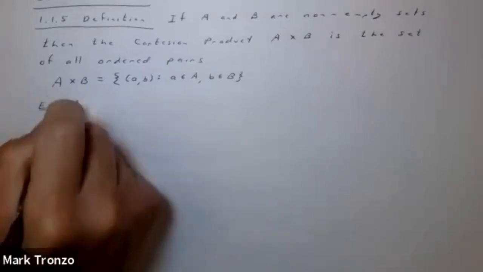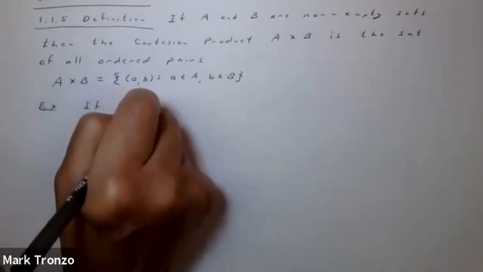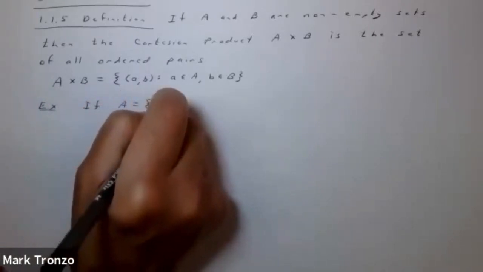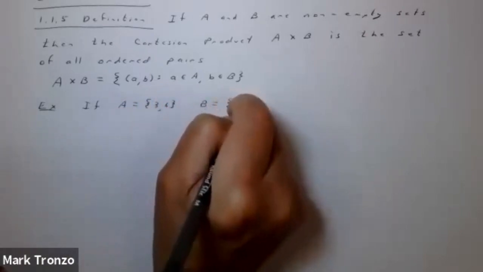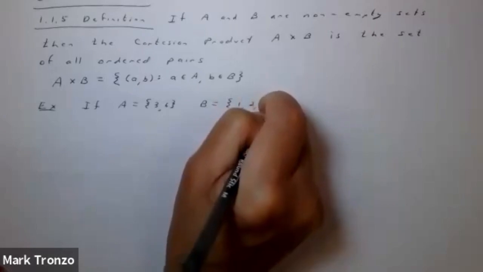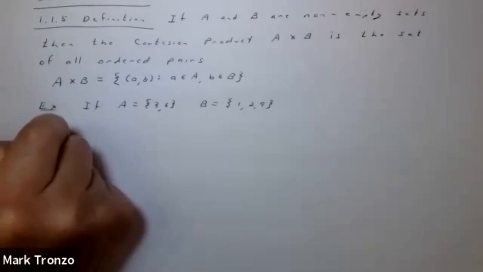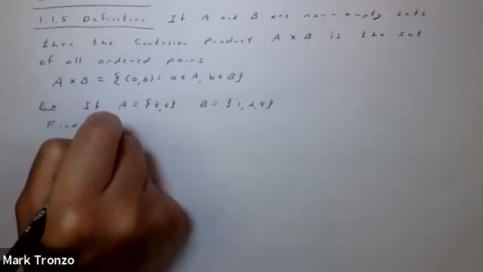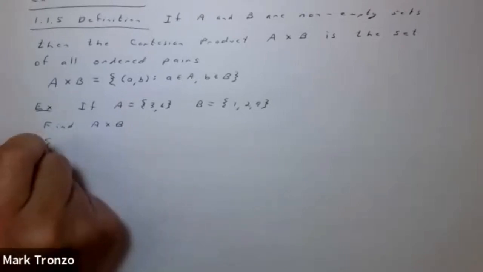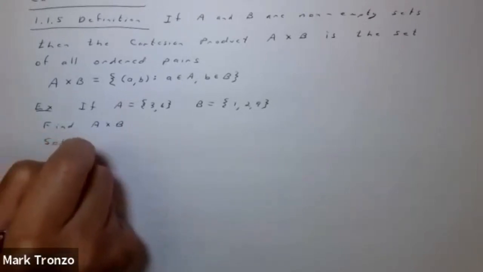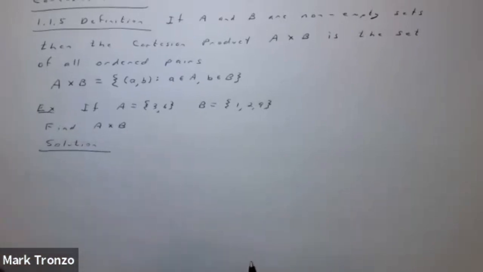And an example here: if A is equal to {3, 6} and B is equal to {1, 2, 9}, find A cross B. Solution: again, you really just put together all the pairs.